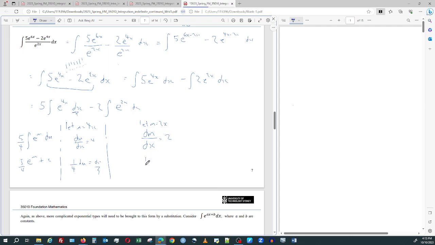So we've got 1/2 dm is equal to dx. So we've got minus 2 integral dm.